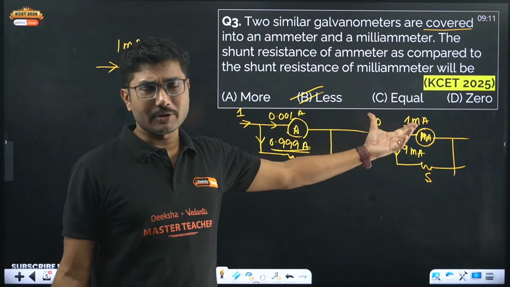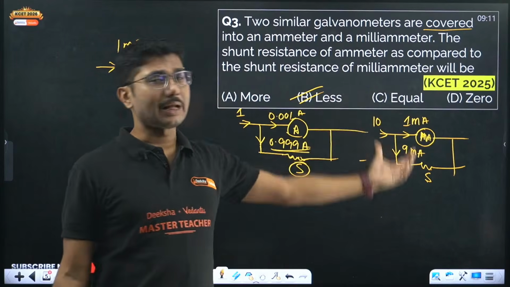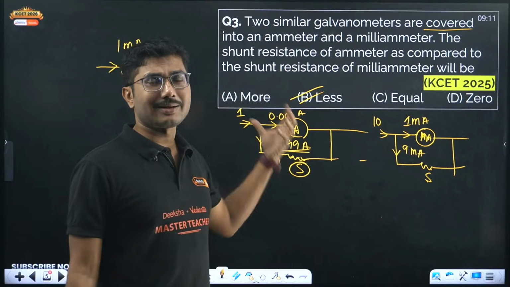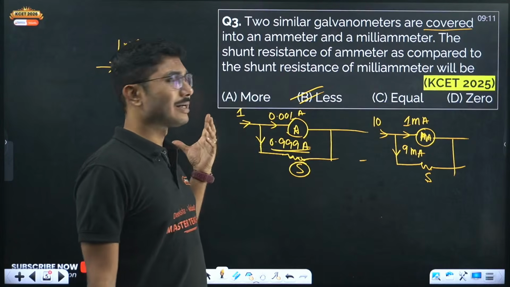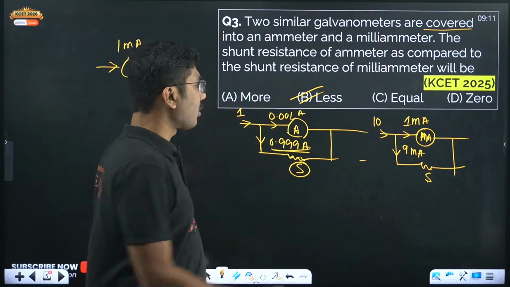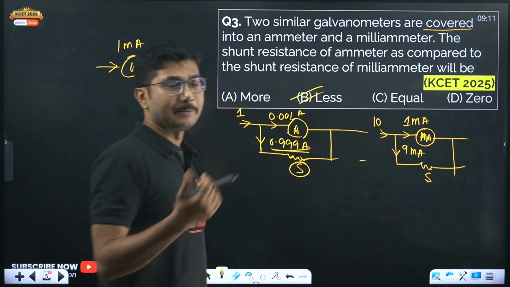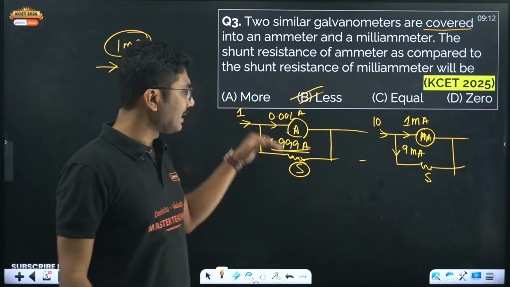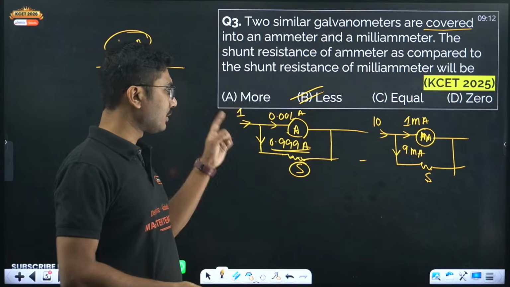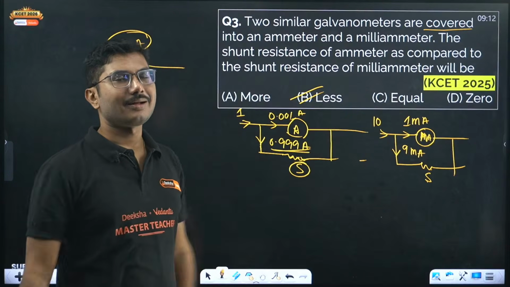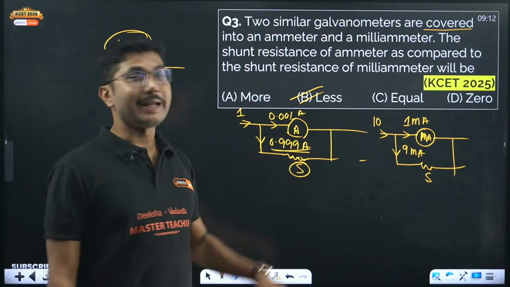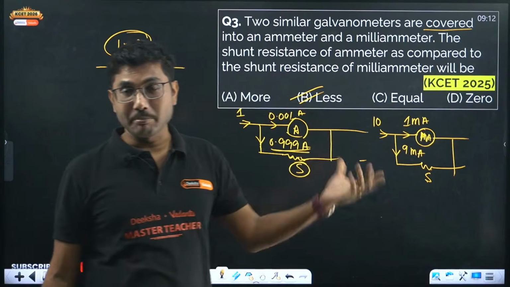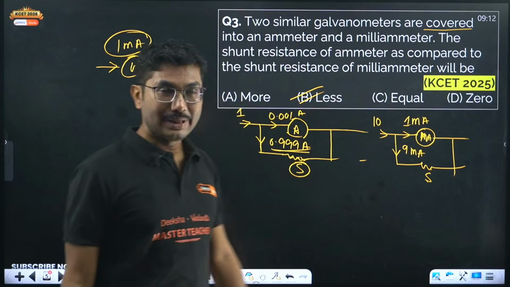You can calculate the potential drop, you can calculate that way also, but this is the way to understand it. The galvanometer cannot handle more than its current, so the remaining current has to pass through the shunt. The smaller the shunt resistance, the higher current it can take. So it has to be a smaller shunt to convert into an ammeter than into a milliammeter.